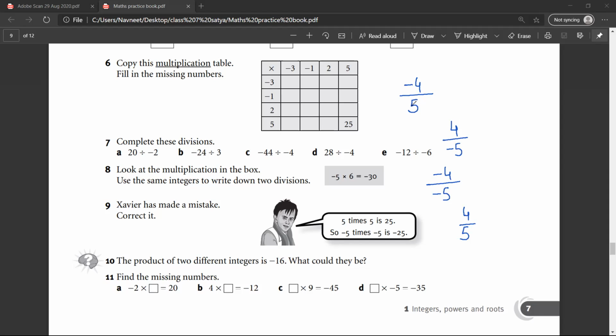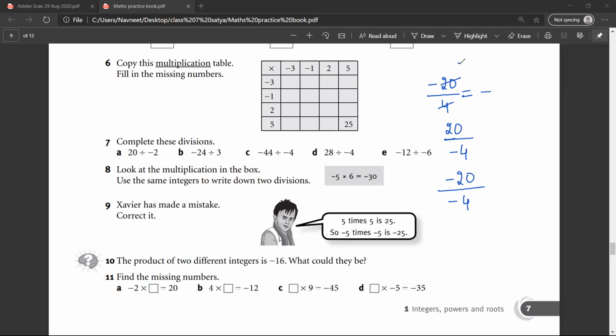Now, minus upon plus is a minus. Have you understood? I'll take a simple example so that it is clear. Yeah, this would be easier to understand.